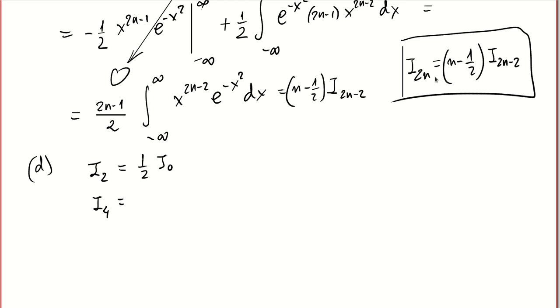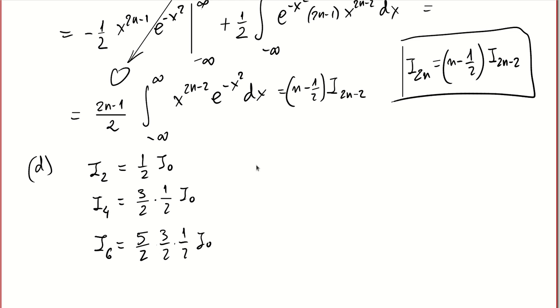So the first factor is 2 minus 1/2, which is 3/2, times I_2, but I_2 is 1/2 times I_0. If we want I_6, then n is equal to 3, that is 5/2 times I_4, which is 3/2 times 1/2 times I_0. And that continues this way.